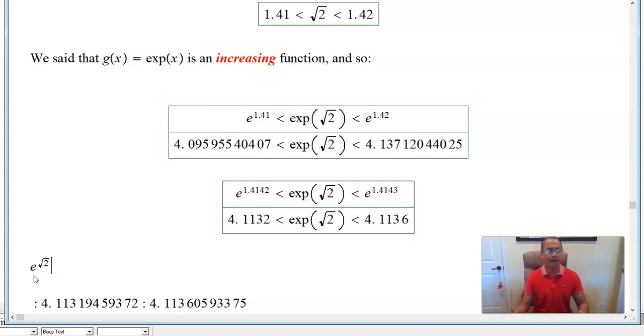We don't know what it means for a number to be raised to an irrational number. But Maple is very clever. What do you say, Maple? Ooh, it's about 4.11325. Ooh, yeah, check it out. 4.1132, and this is 4.1136. So that is valid. I would say that's a convincing approximation for the exponential of square root of 2.